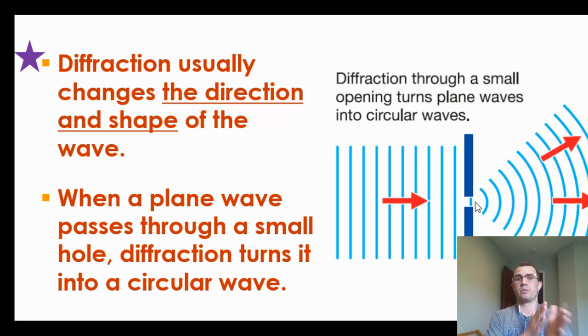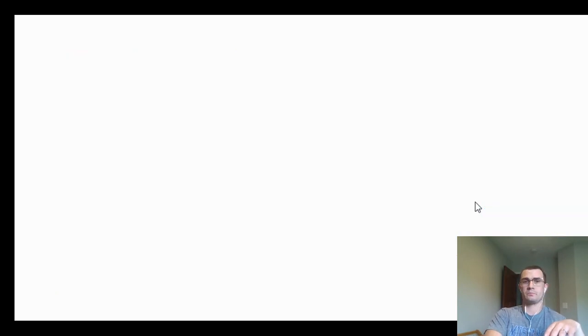Instead of having a plane wave, or linear wave, which is another term for a plane wave, now we have a curved, circular wave because it went through that boundary and bent around those openings. That's an example of diffraction. It's a cool way to illustrate it, and we would do that in a lab normally.